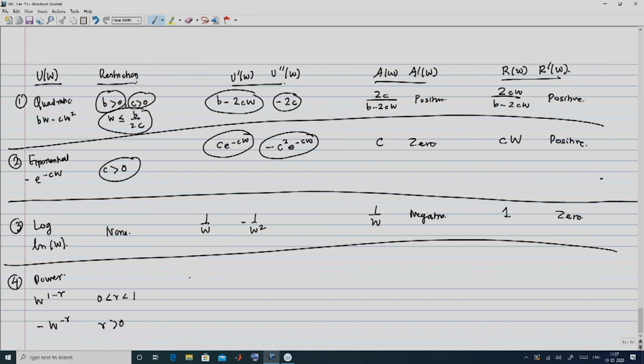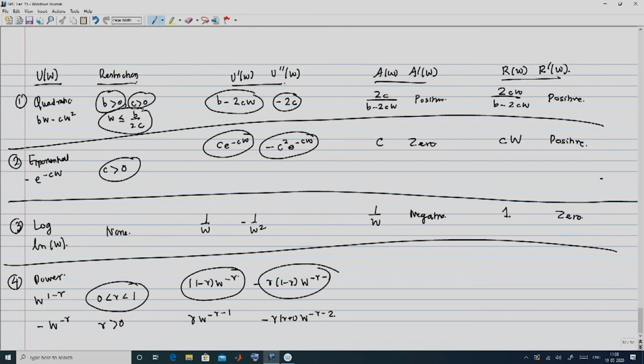So, u prime of w in the first case is going to be 1 minus gamma into w raised to minus gamma, and u double prime is going to be minus gamma into 1 minus gamma w raised to minus gamma minus 1, and here it is going to be gamma w raised to minus gamma minus 1 and minus gamma into gamma plus 1 w raised to minus gamma minus 2. Since I need this to be positive, that is the reason why I need this condition, and from here and here we observe that this condition has to be positive.